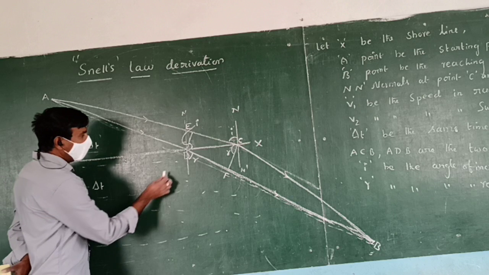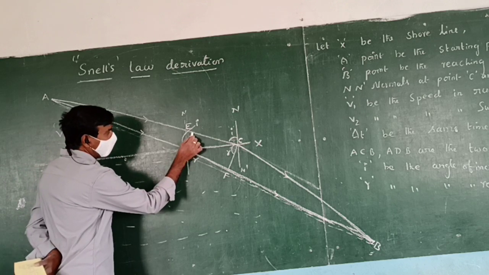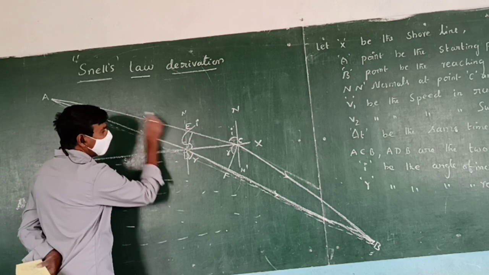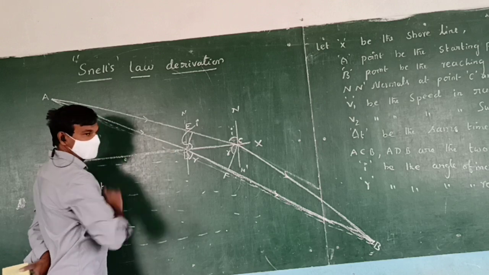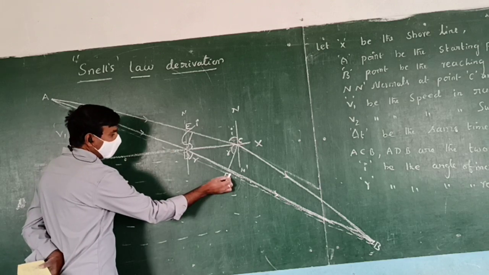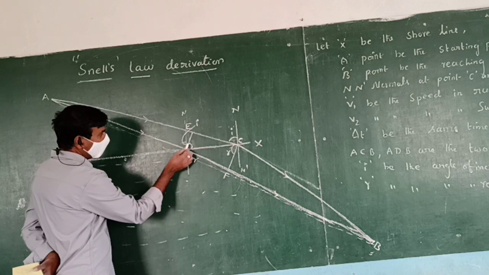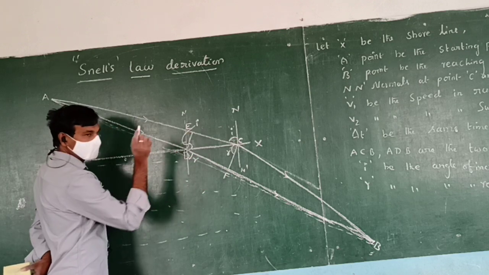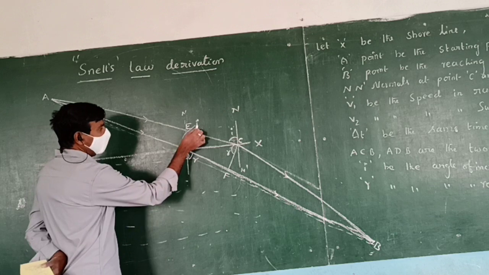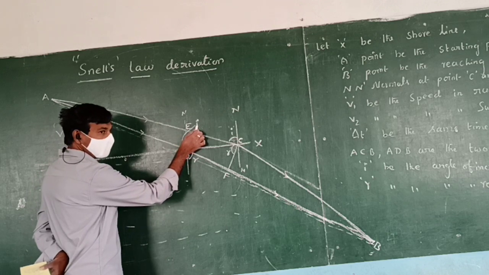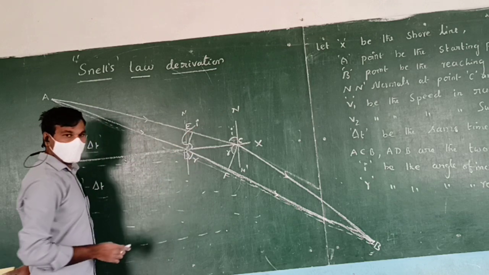Draw the perpendiculars to EC and ED. I is the angle of incidence in the sand part, and R is the angle of refraction.